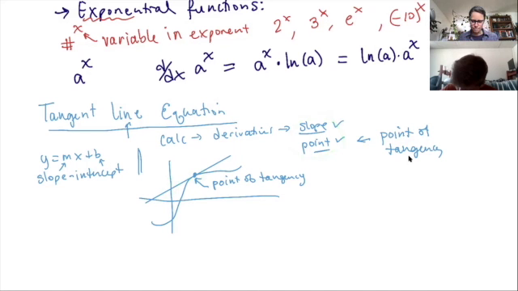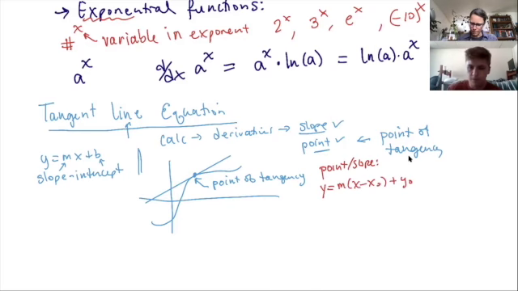And so to me, it's much easier to use the point slope form of a line. And there's a couple different versions of this. The one that I tend to use looks like this. You can also do y minus y naught equals m times x minus x naught. And then what I want to point out though is let's update this for calculus.